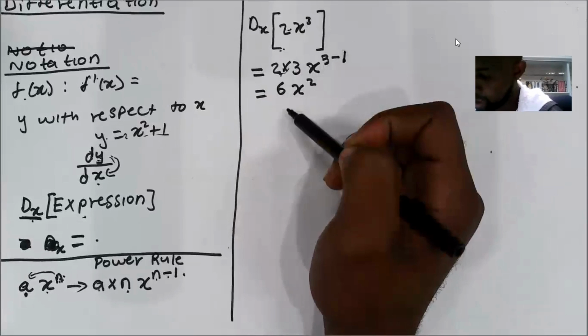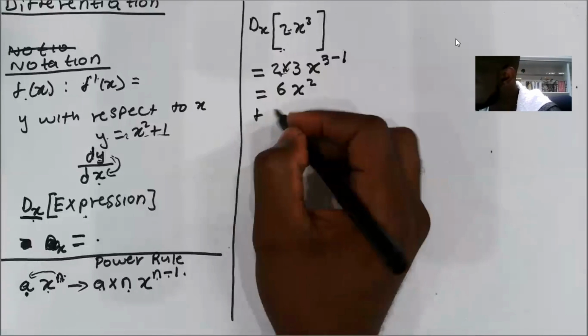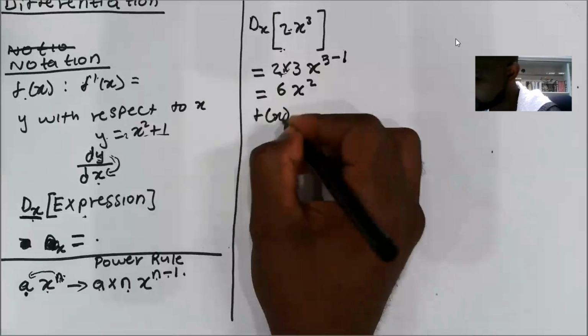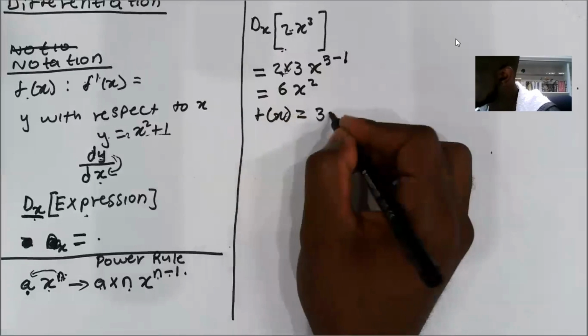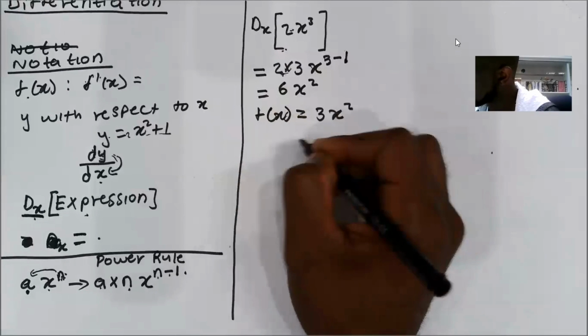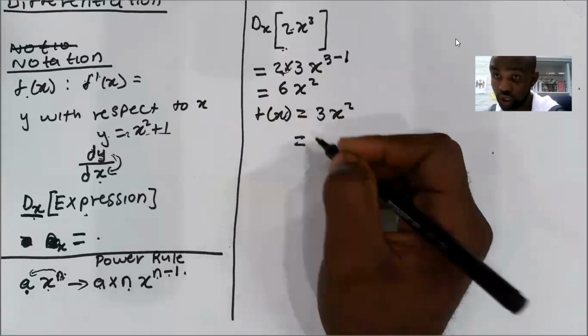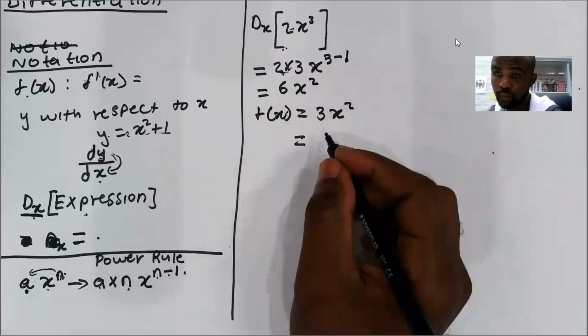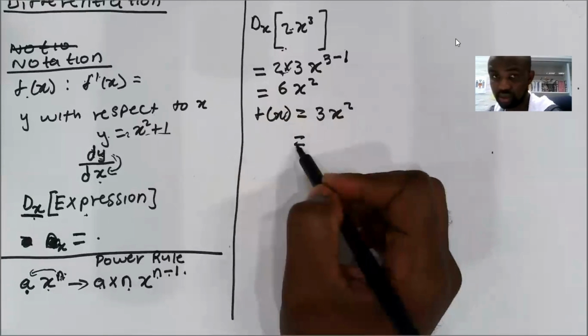Let's do another example. f of x equal to 3x squared. So now here, we are not just going to leave an equal sign like this.